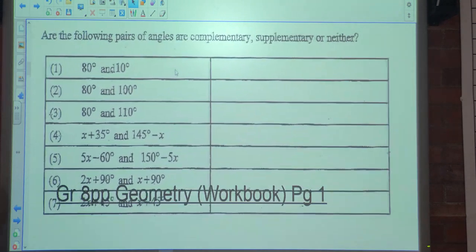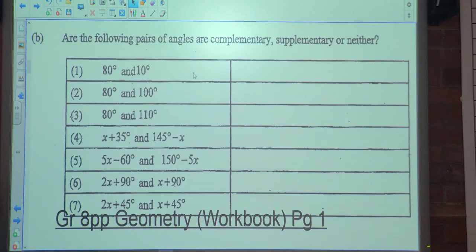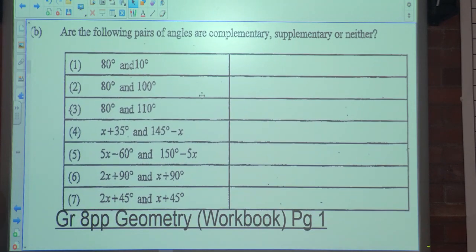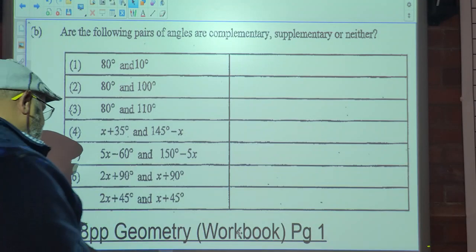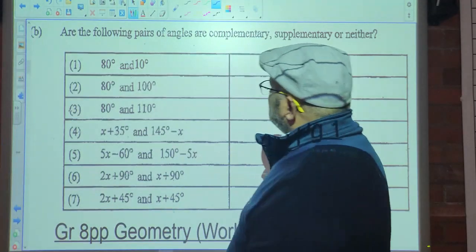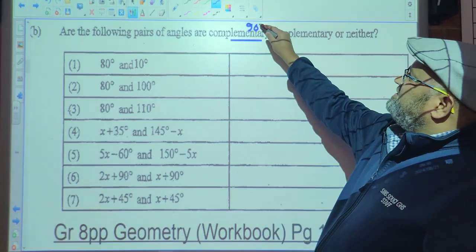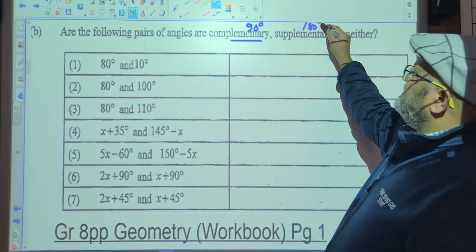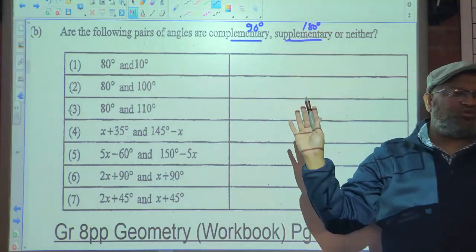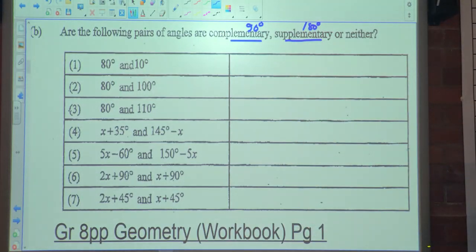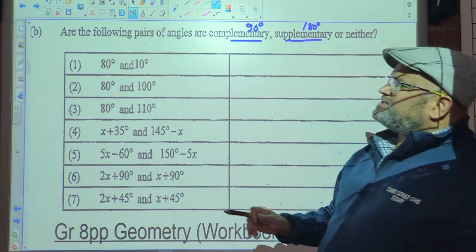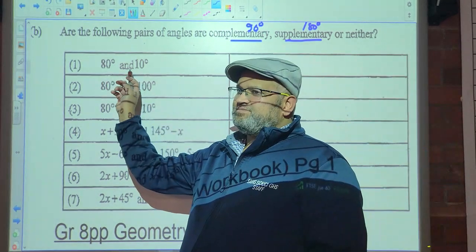In the B part of the question we are asked, are the following pair of angles complementary, supplementary, or neither? What does complementary mean? Adds up to 90. Supplementary? 180. Neither is neither 90 nor 180. So, what is 80 plus 10? 90.